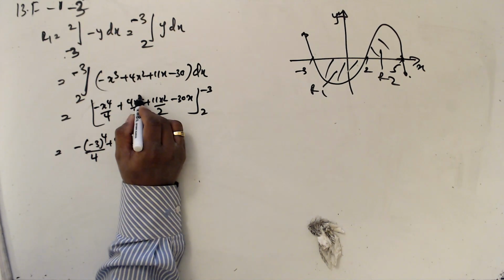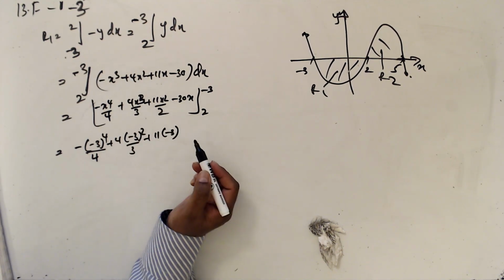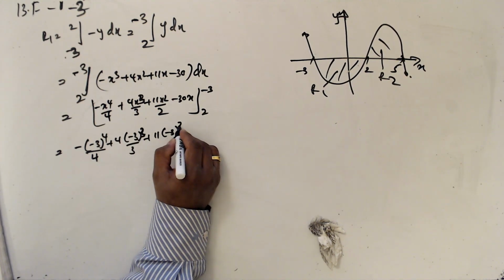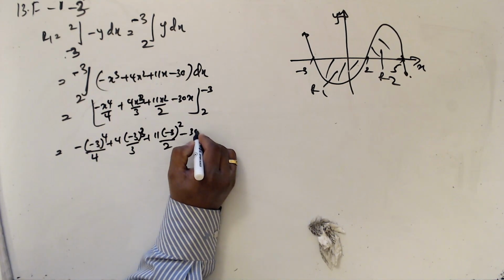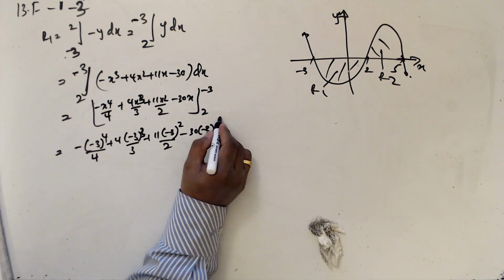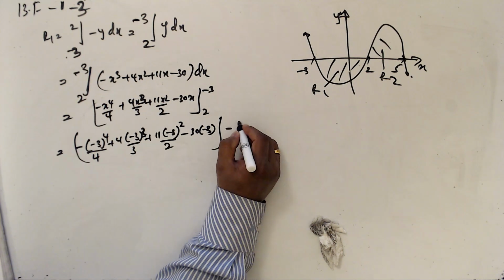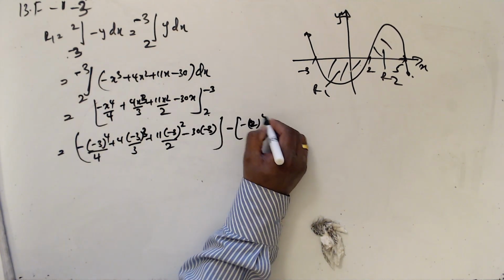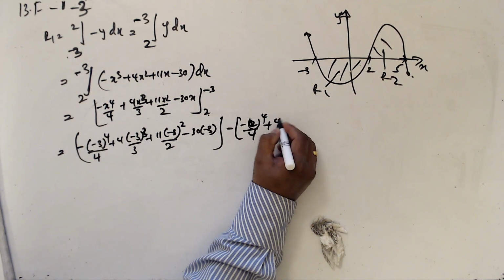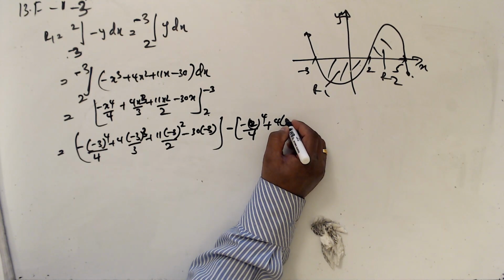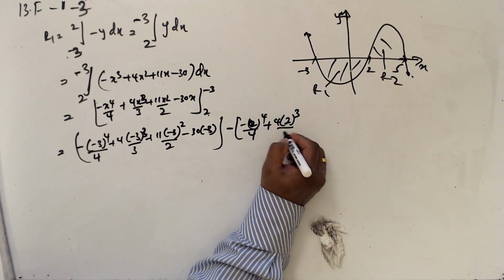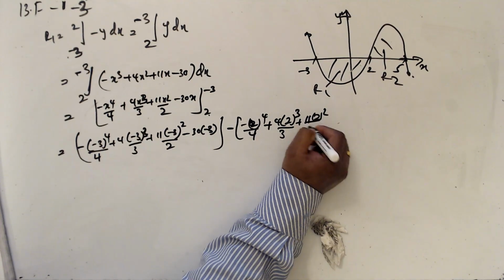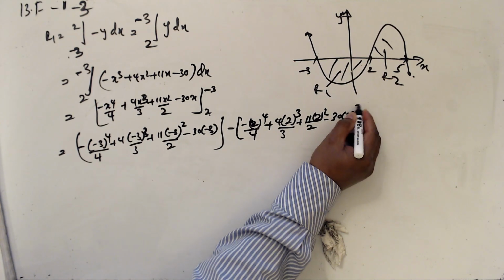So this is cube, 4x cubed over 3, 30 times minus 3, then minus 0 times minus 2 to the power 4 over 4 plus 4 times 2 cubed over 3, 11 times 2 squared over 2 minus 30 times 2.